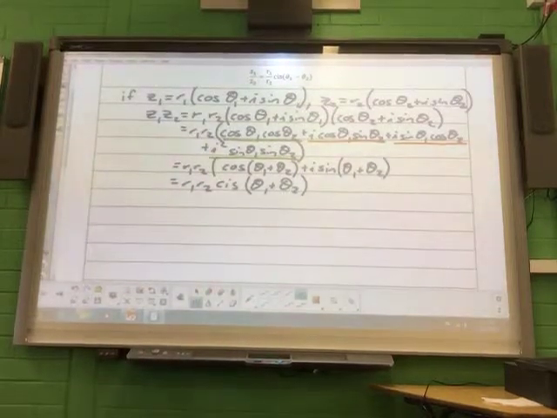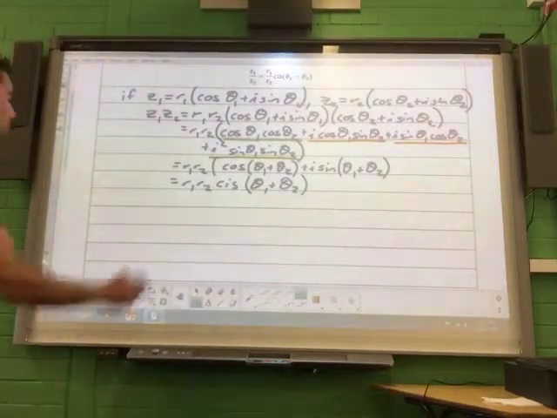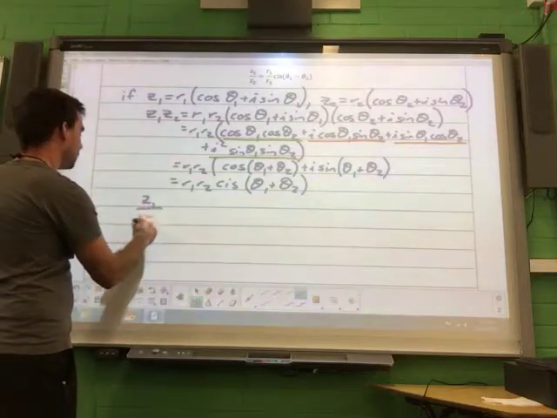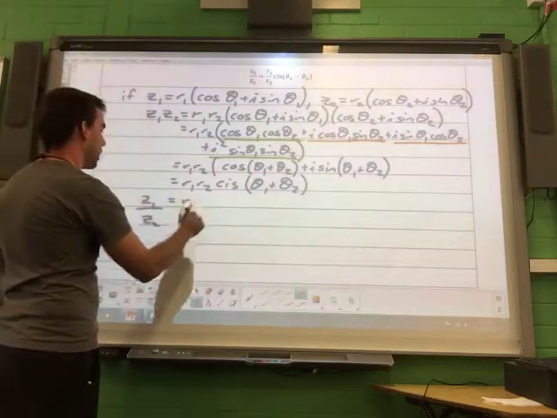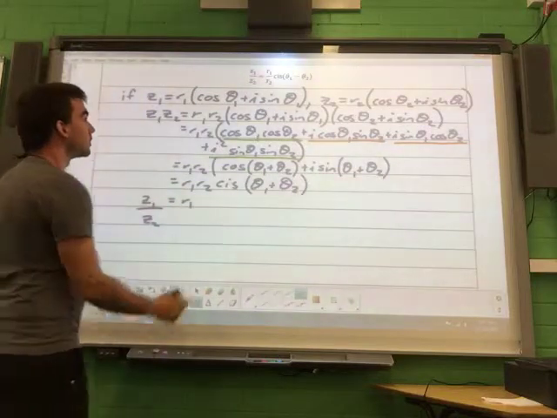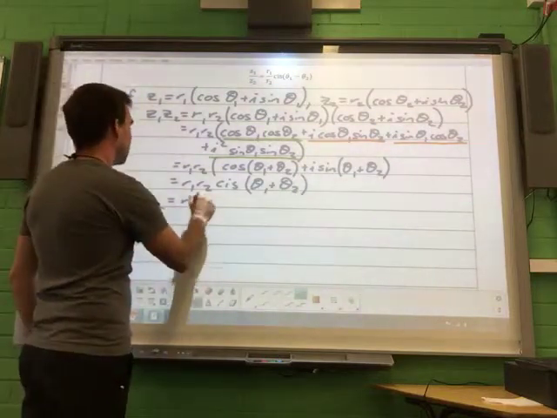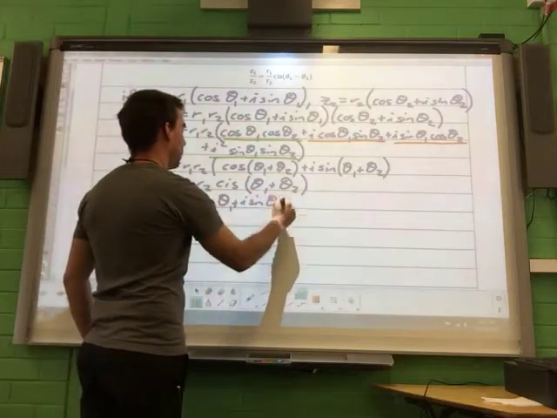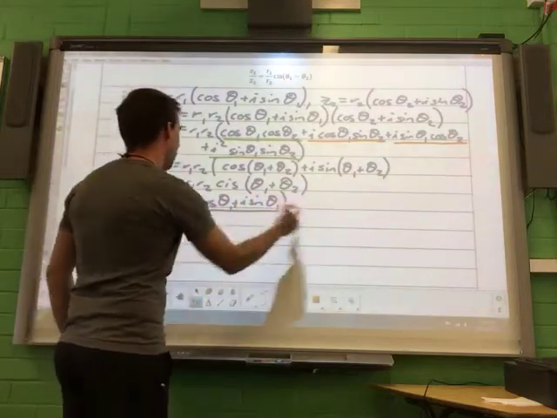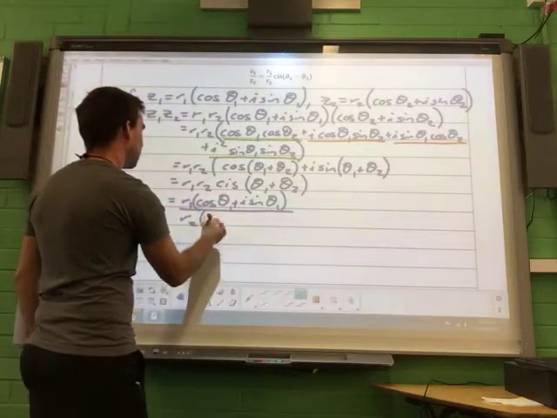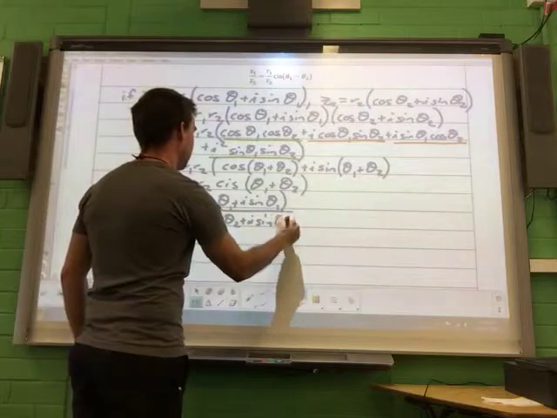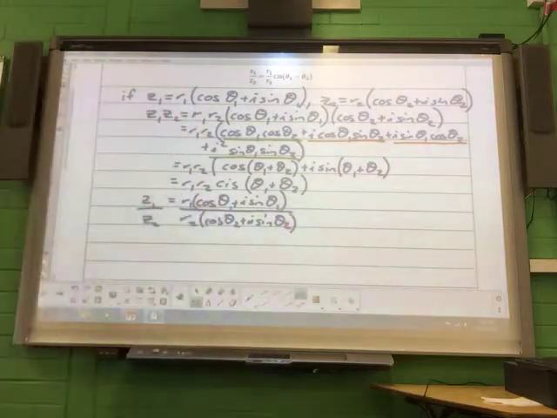Okay, so z1 over z2. So r1 (cos theta 1 plus i sine theta 1) all over r2 (cos theta 2 plus i sine theta 2).